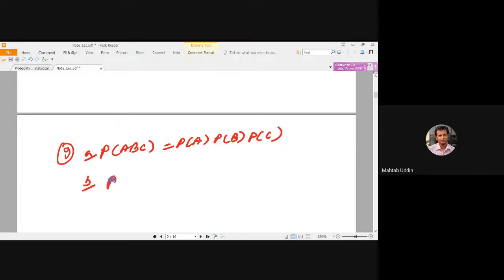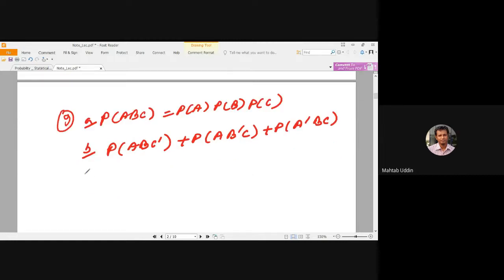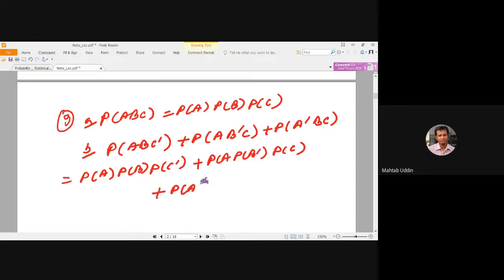Exactly 2 occur means A, B, C complement plus A, B complement C plus A complement B, C. Then you can write here P of A, P of B, P of C complement, plus P of A, P of B complement, P of C, plus P of A complement, P of B, P of C.